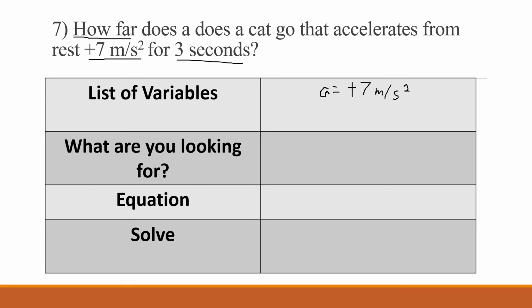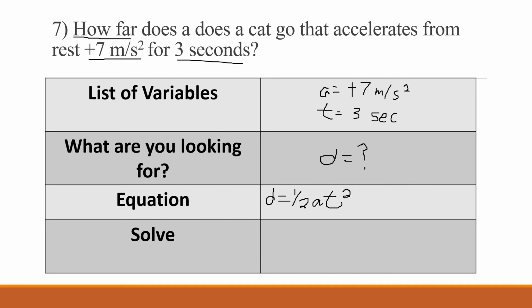For 3 seconds, the time is 3 seconds. And I know I'm looking for distance because it says how far. The distance equation that has an acceleration is the one that we all love. D equals 1/2 AT squared. That's the equation we have to use.